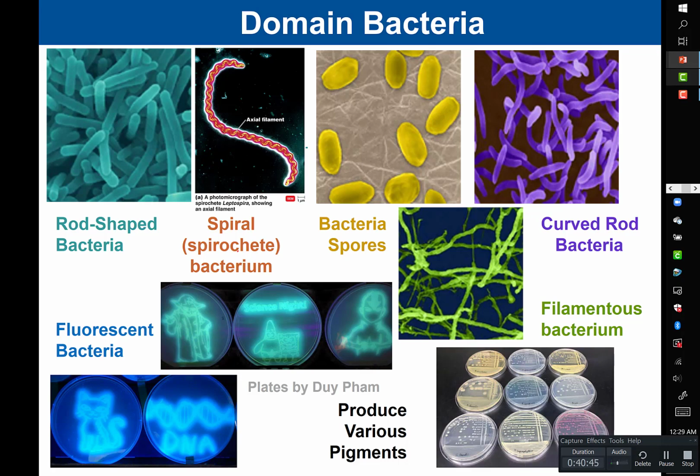So next, the yellow picture, those are bacterial spores. Spores are a structure that bacteria can produce. Again, not all bacteria, but some bacteria. And bacteria produce these in response to a harsh condition. So when their environment becomes unfavorable, they will produce these spores, and these spores are used to help protect them.